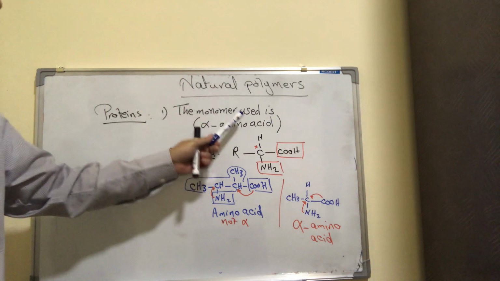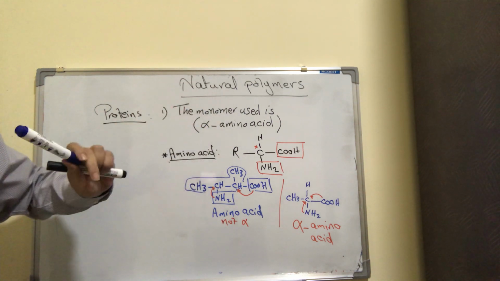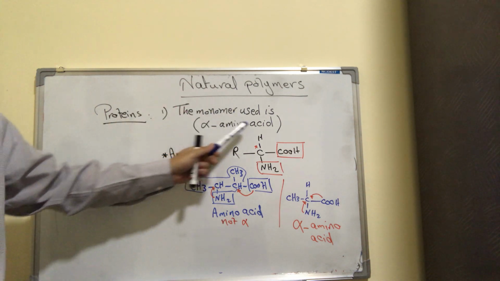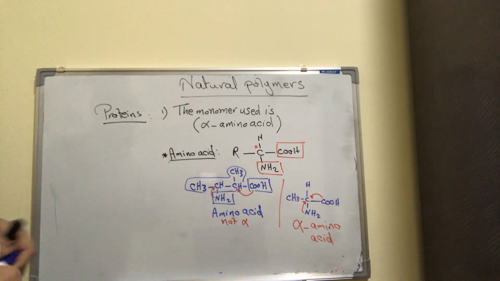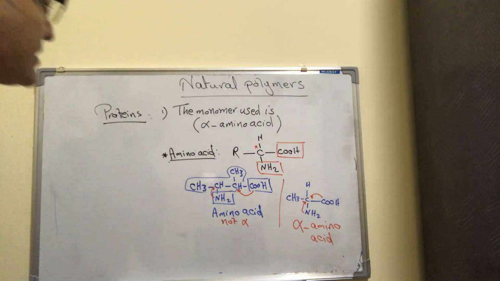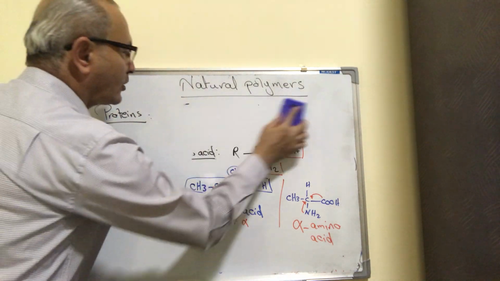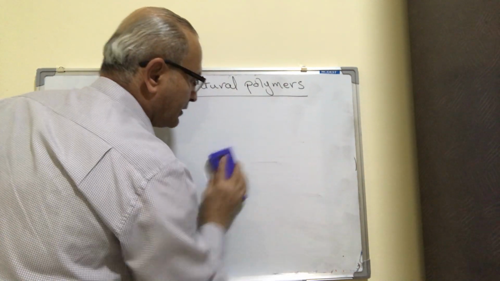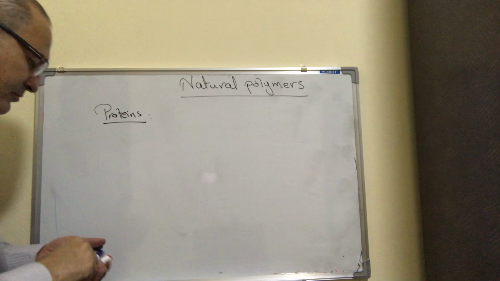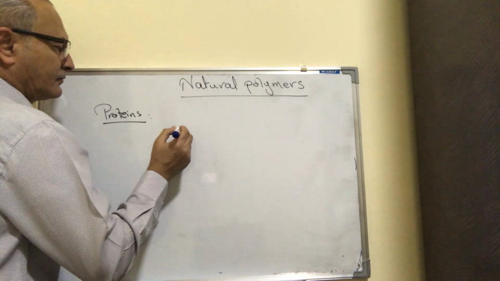So what is the monomer used to make the protein? It is the alpha amino acid. How do these monomers bond together to form the protein? The same thing as condensation.